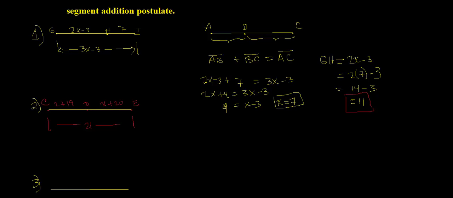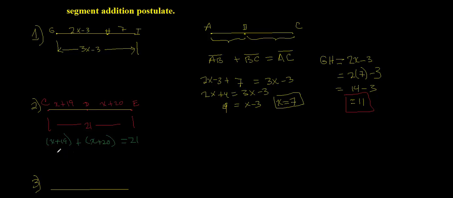Let's try green for a change, because if we have x plus 19 for the first part of the segment here, added to x plus 20, and then the sum of both of them will be equal to 21, and then we can clearly solve for x really fast.